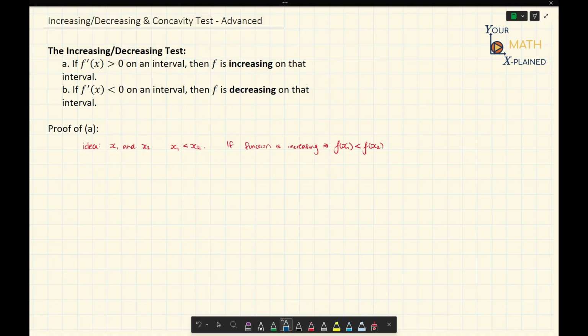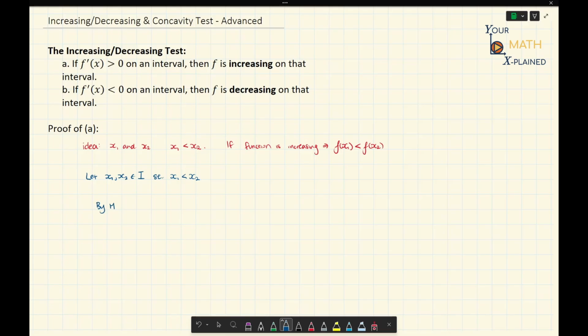Let's get started. So we first start by letting x1 and x2 be two numbers within our interval I, such that x1 is less than x2. And those are two arbitrary points that we're picking within that interval.